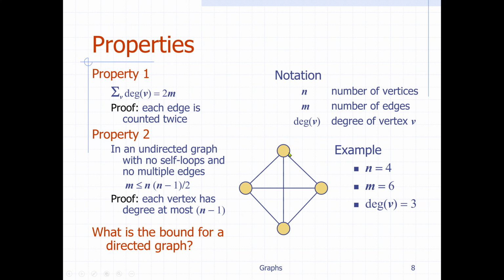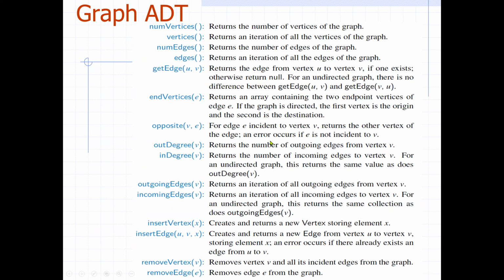If it's from B into C and I'm at C, then that will be in degree. So those are the two different ones. Out degree returns the number of outgoing edges from vertex V, but in degree will return the number of incoming edges to vertex V. The argument can be any vertex. Here we are using vertex V.